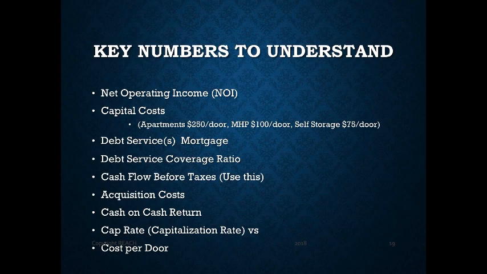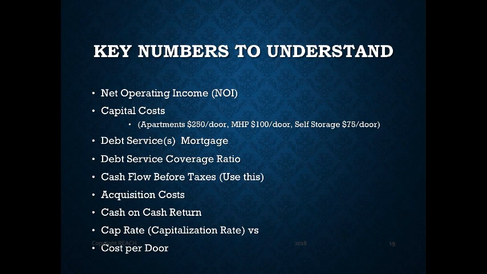Okay. So the last thing I want to talk about here is capitalization rate versus cost per door. The capitalization rate we talked about up here, we're going to talk about that a little bit more.